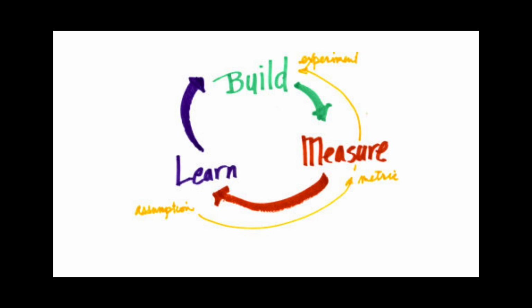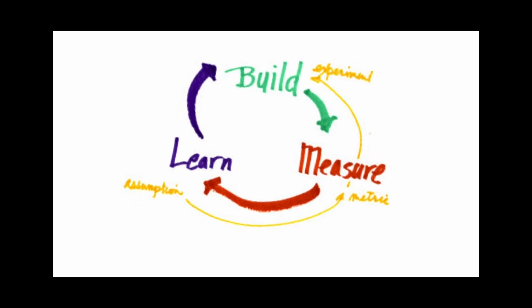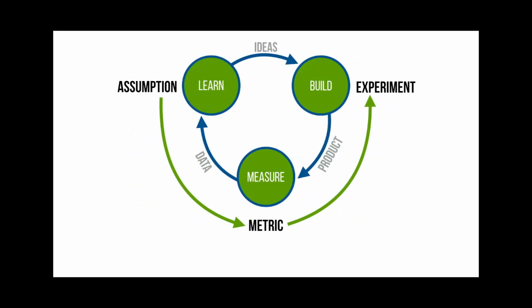Assumption, metric, experiment. This is a flow of thinking rather than doing. And just in case it's not entirely obvious, the thinking is supposed to come before the doing. This hidden anti-clockwise/counterclockwise flow is, in my opinion, the key that unlocks the real power of the build, measure, learn model.